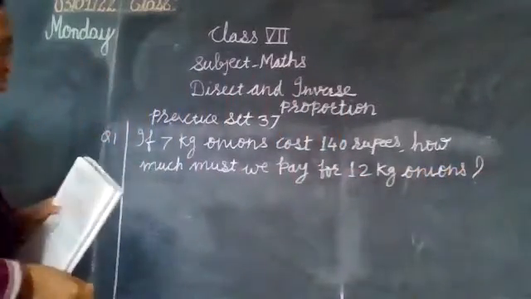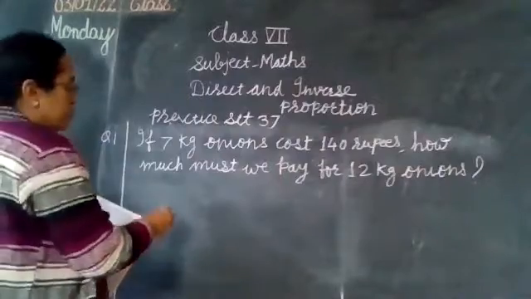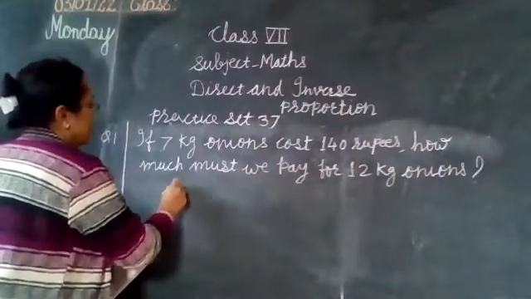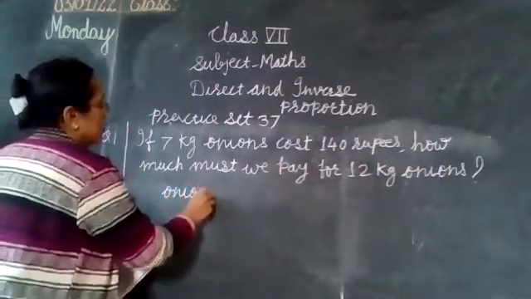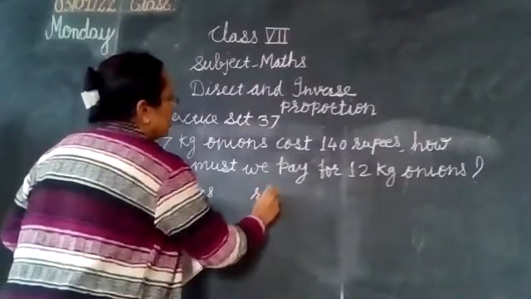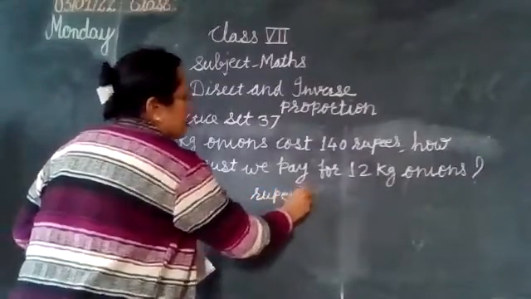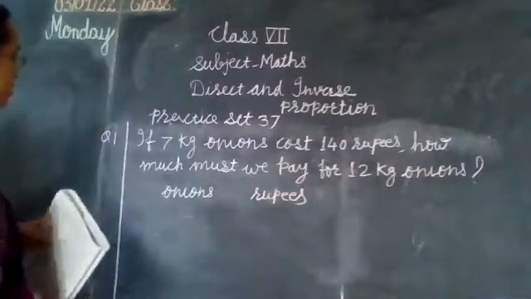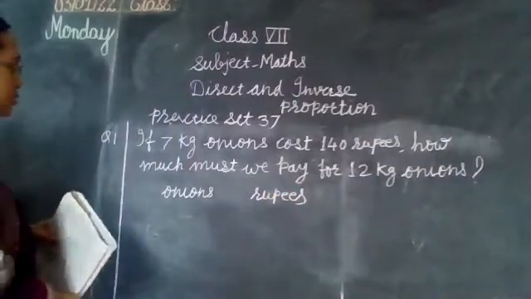Now let us write down the quantities. First, quantity 1 is onions and second is their cost, so I am writing rupees here. Now how are they changing?